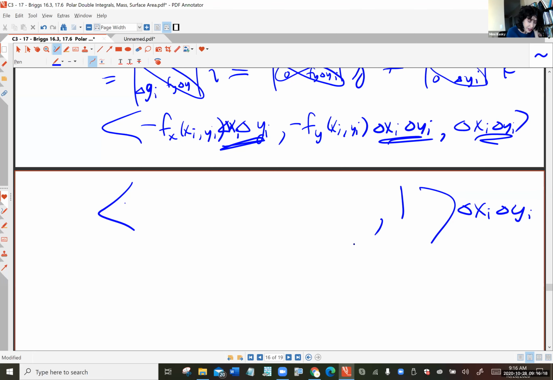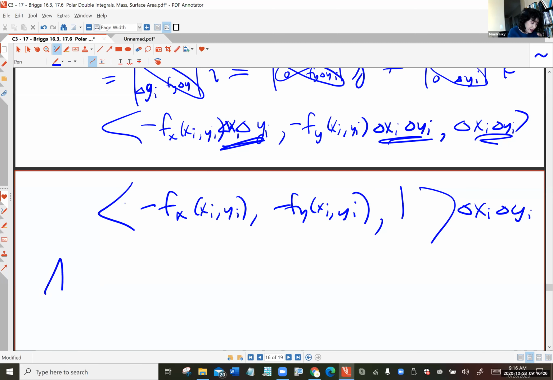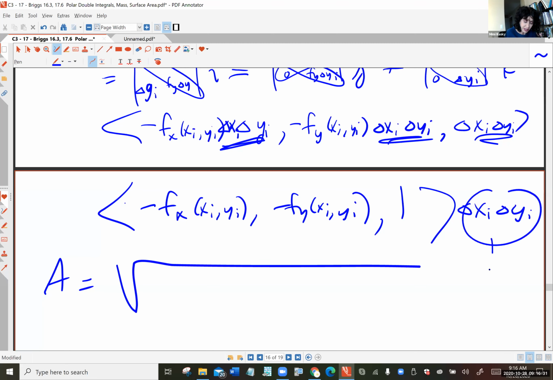And so what's left here? Now what? We're almost done. Now the area is going to be the magnitude of this, and this is just some scalar that's going to go along for the ride, this area element.